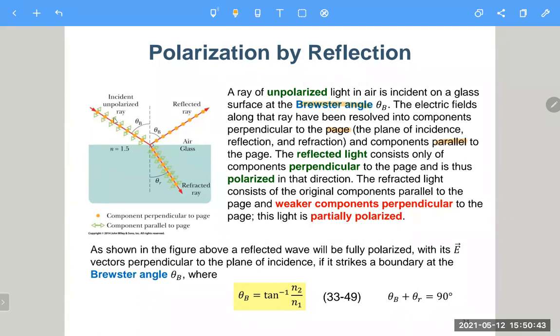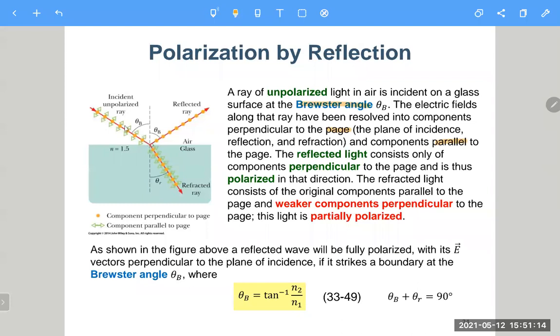So in this case, the incident ray is unpolarized. It consists of both the electric field perpendicular and parallel to the page. And if this ray is incident at the Brewster angle, theta B, then the reflected wave will be polarized, even though the refracted wave is not fully polarized.